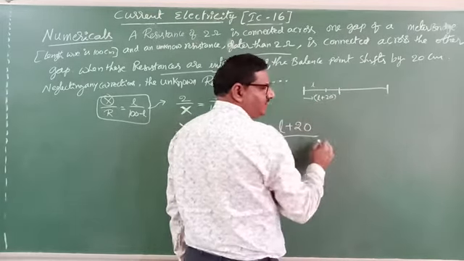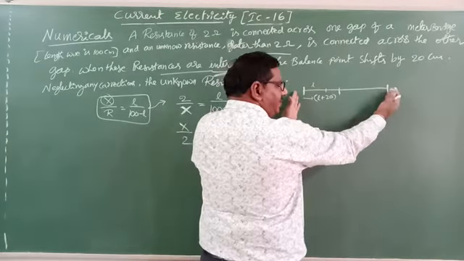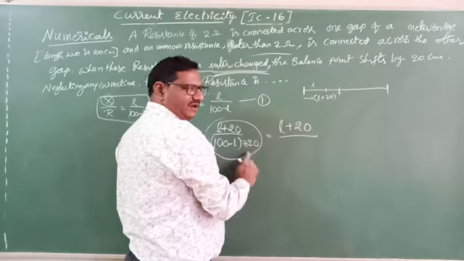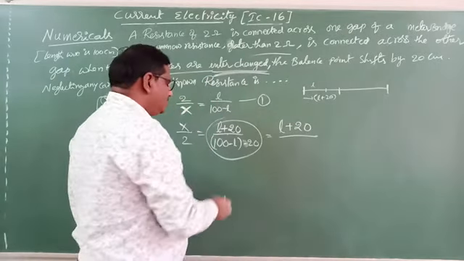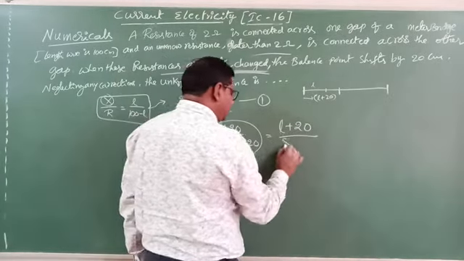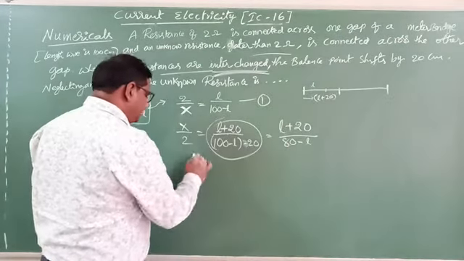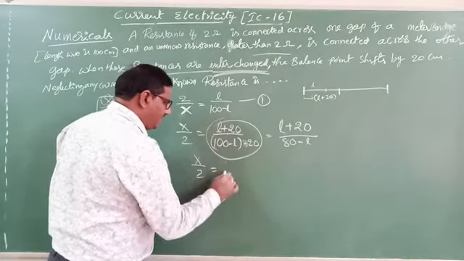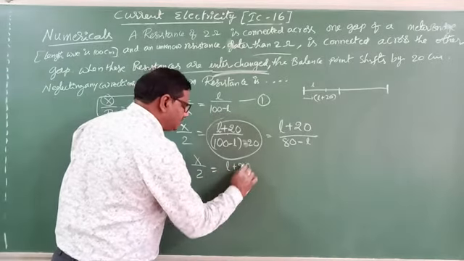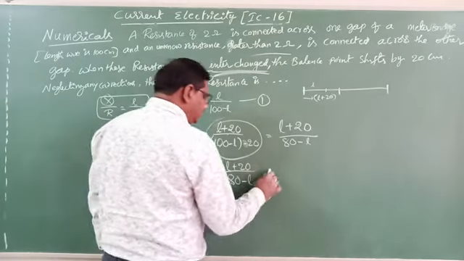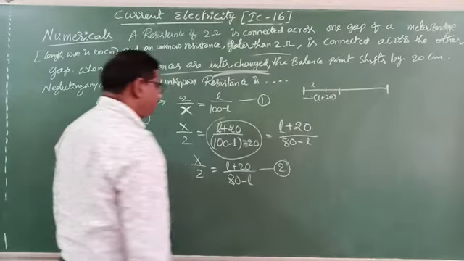In total 100 centimeters, this shifted 20 will reduce, that's why I write minus 20. So 100 minus 20 is 80 minus L. Now the second equation: x by 2 equals L plus 20 by 80 minus L. This is equation number 2.